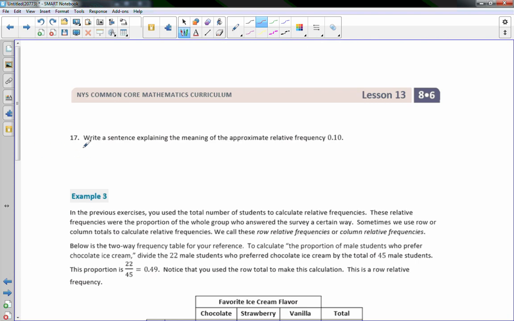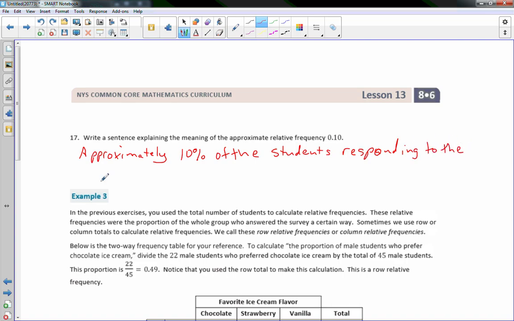So I would say approximately 10% of the students responding to the survey are female and prefer chocolate.